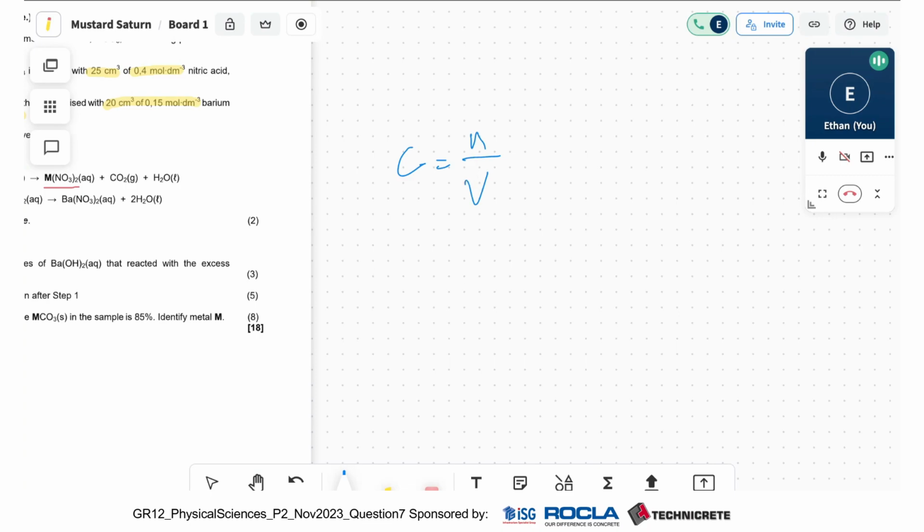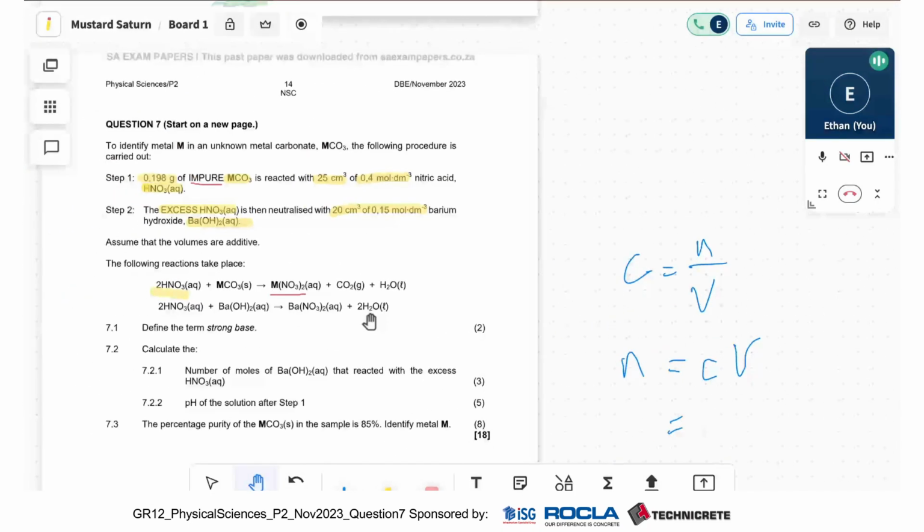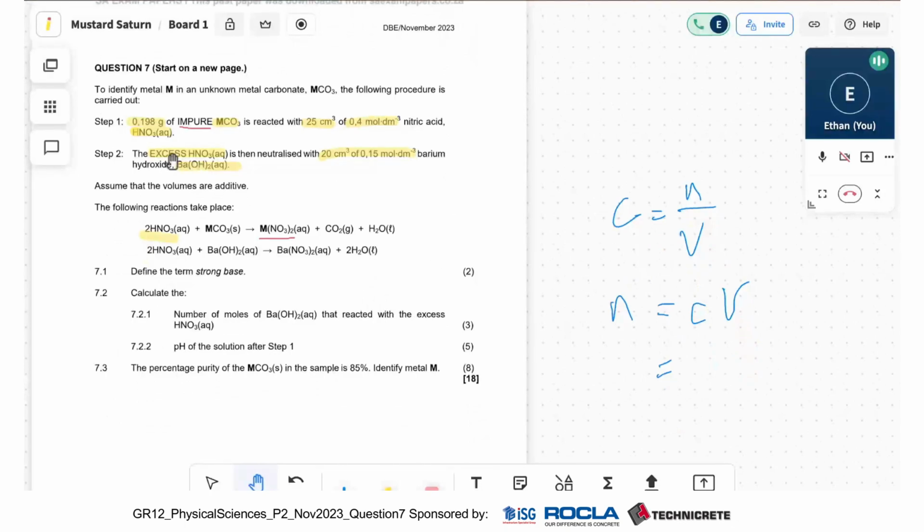And since we want to calculate the moles in this case, we have moles equals concentration times volume. And this information is given to us over here that the excess HNO3 reacted with 20 milliliters of 0.15 molar barium hydroxide. So we just substitute these numbers in.